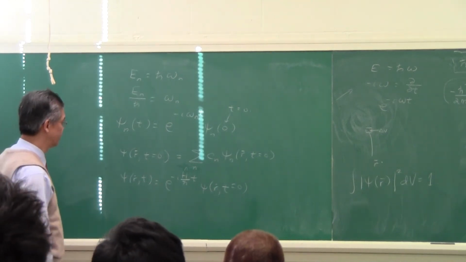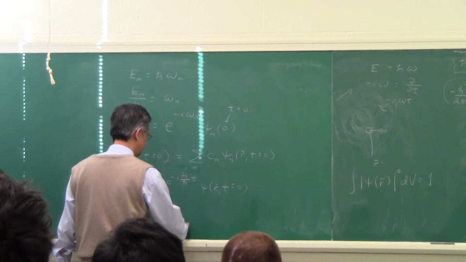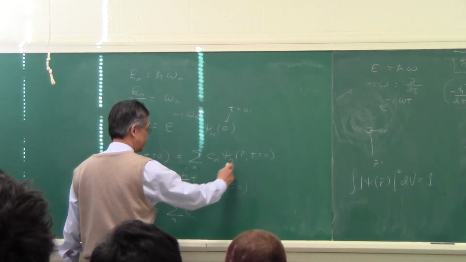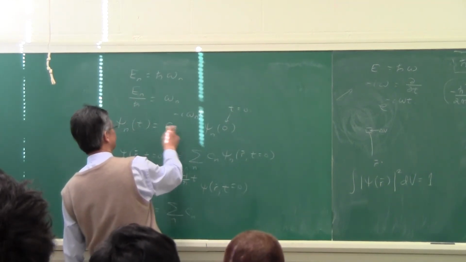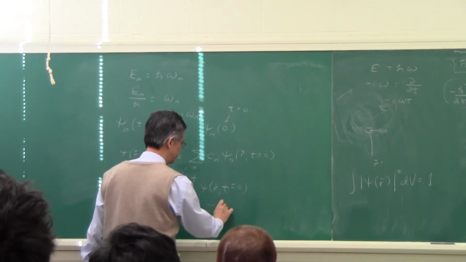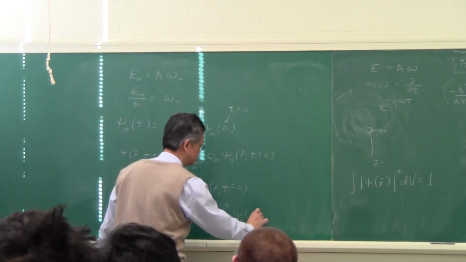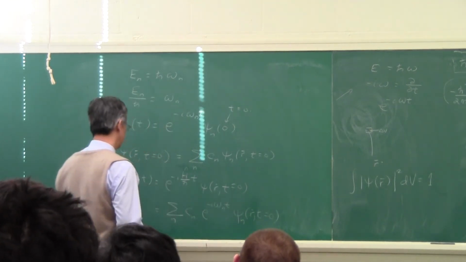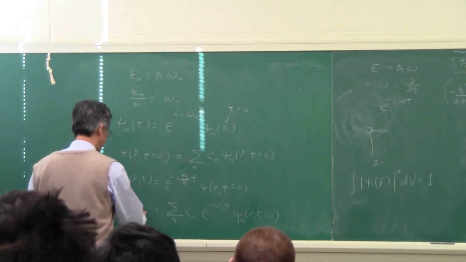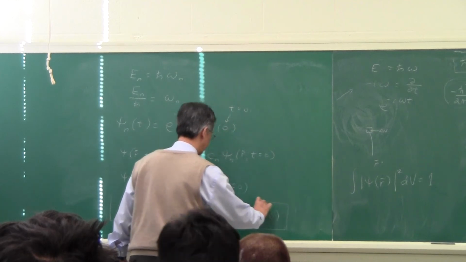And then you substitute the second equation in there, just exchange the summation, have this operating on this, and as this equation is true, then you can say that this is i omega n t, psi n of r, t is equal to 0. So we can use this kind of eigenfunction concept to solve a general Schrodinger equation.